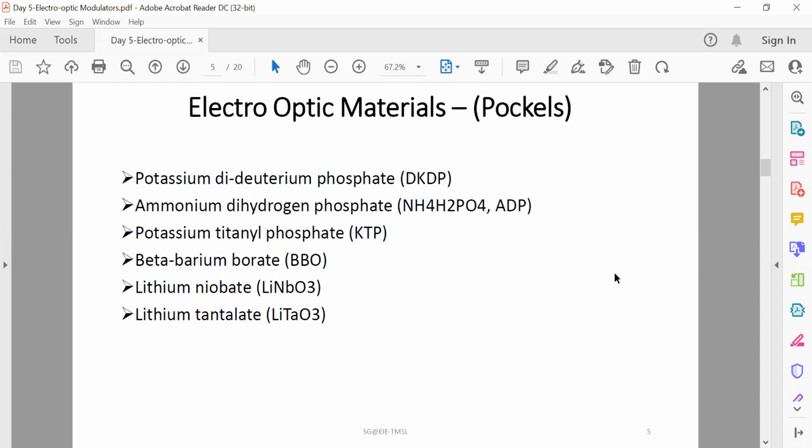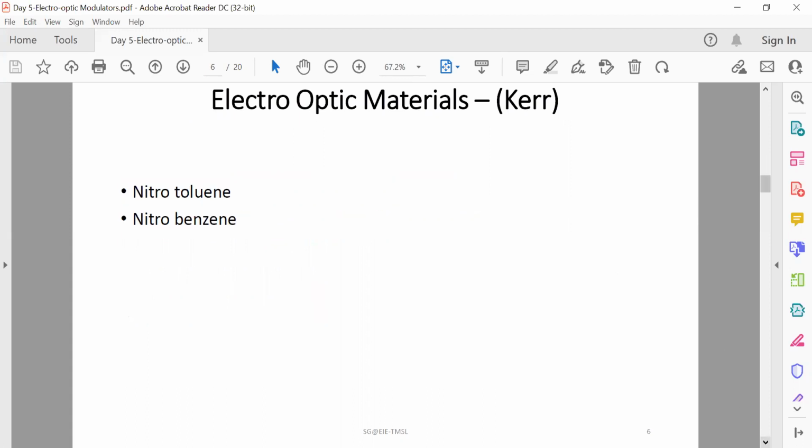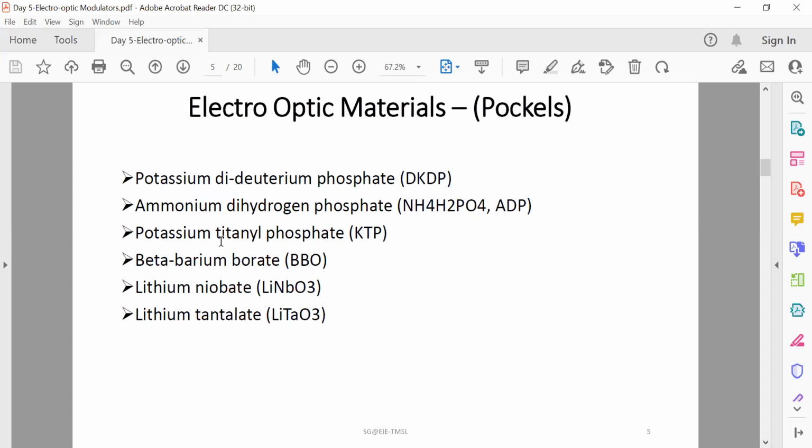These are the electro-optic materials used as non-linear crystals. I have already told you about the materials which show the Kerr constant, nitrotoluene and nitrobenzene, and these others are used as they show the Pockels effect.